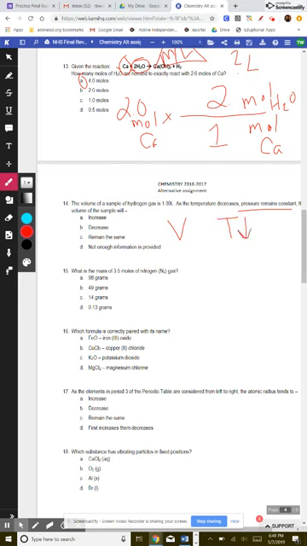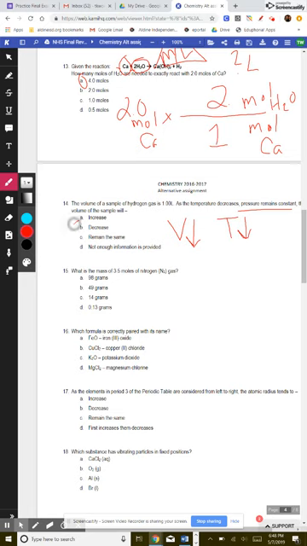Okay? And I need you to think of a scenario that makes sense to you. Think about a balloon. As the temperature of the balloon decreases, what would you expect the volume of the balloon to do? Well, it only makes sense that as a gas gets colder, its volume also decreases.